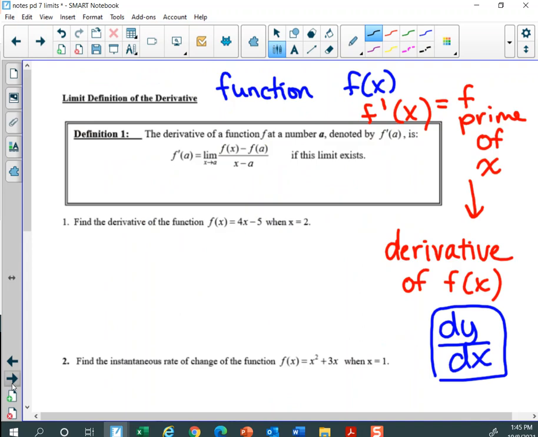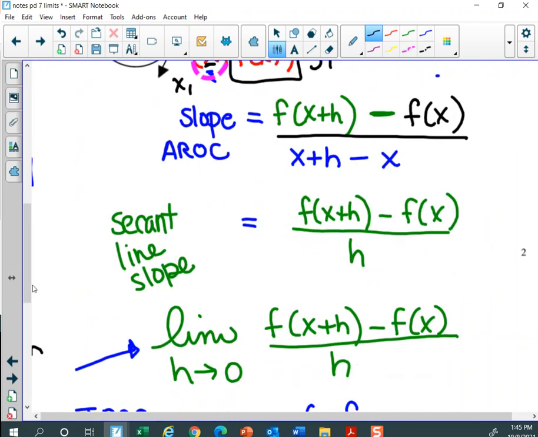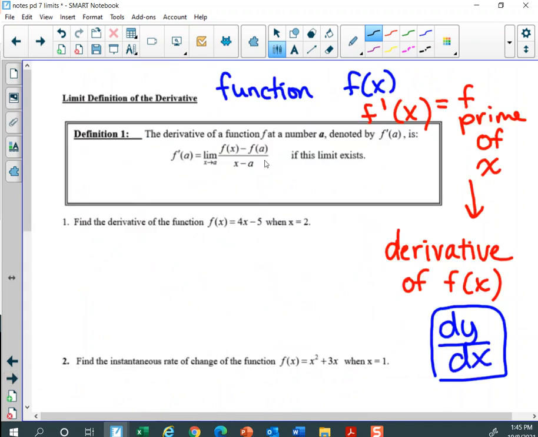So that took us all the way up to here, where I showed you this other version of the limit formula that calculates the derivative. It looks a little different than this one, but it basically has us doing the same thing, where we have 2 points on a curve.